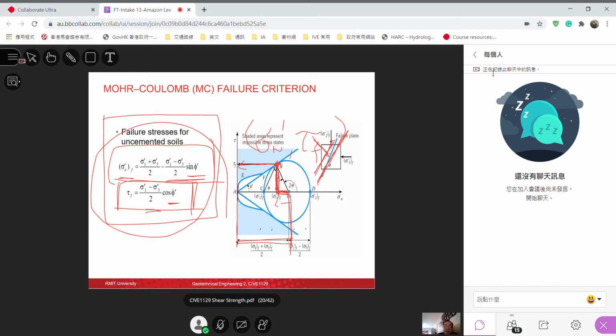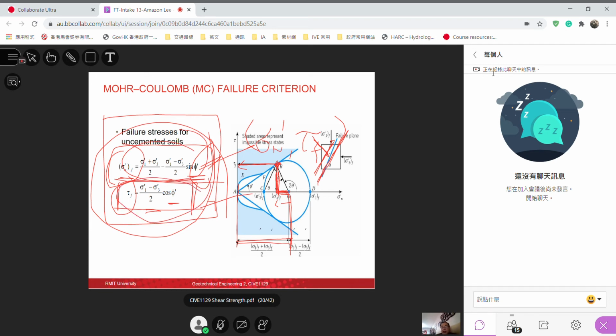Or we give you a problem, then you figure out at the point of failure, the failure condition, what is the normal stress at failure, shear stress at failure. From that, we figure out the angle of friction. From that, we use these two sets of equations to find out what is the major principal stress and minor principal stress.